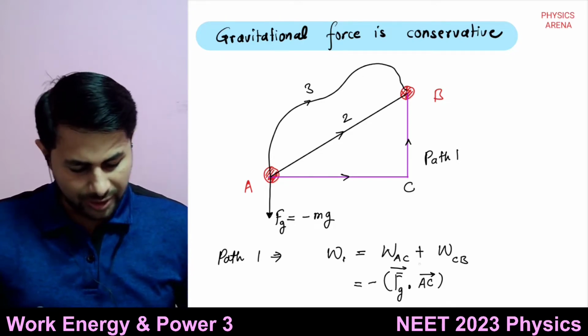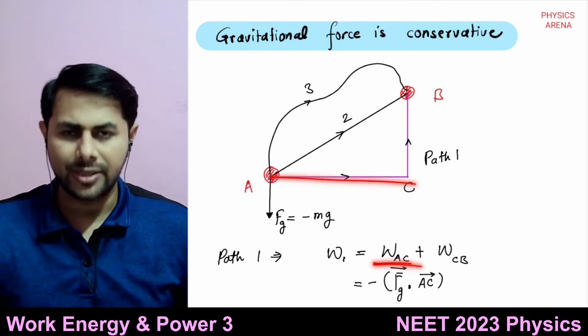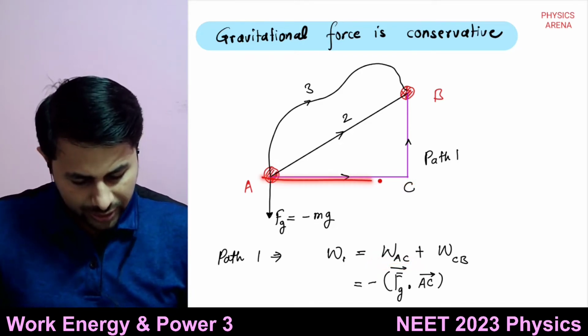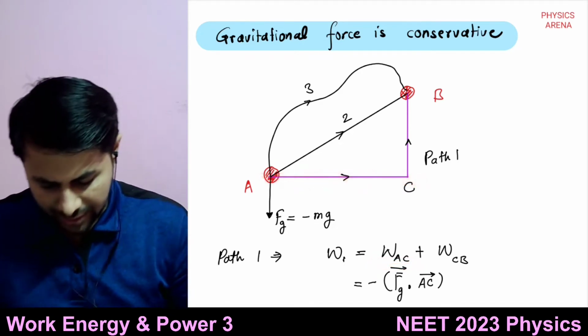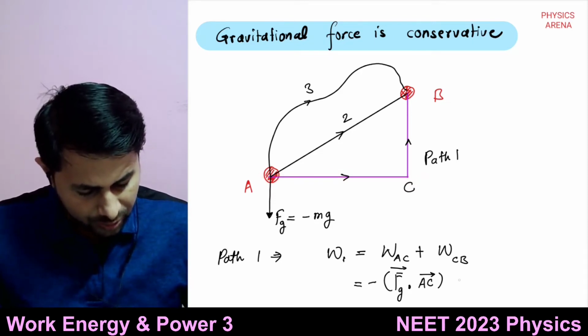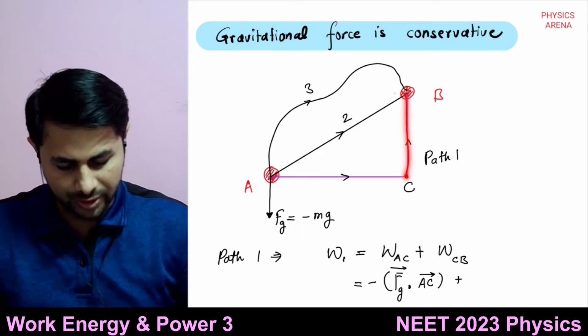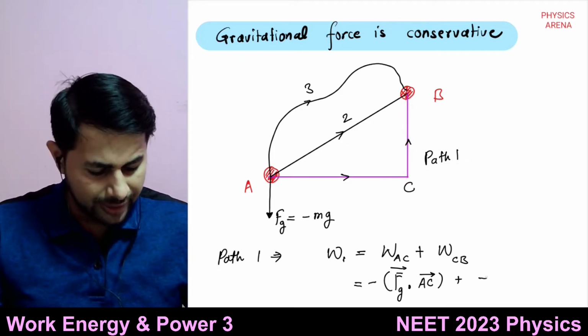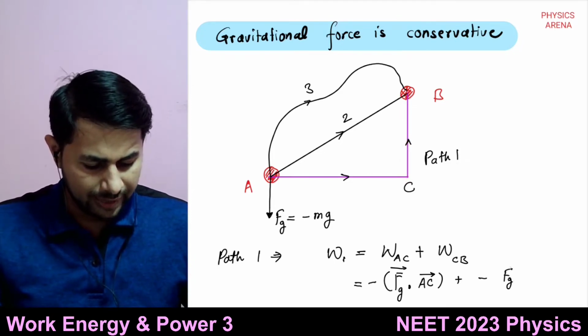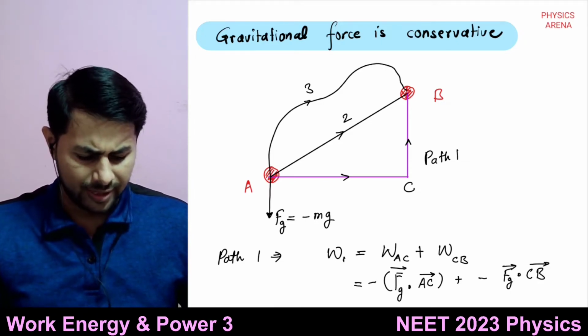So this is work done to move it from point A to the point C. Okay, so displacement is AC, and work done to move it from C to B, so from here to here, is equal to what? Minus of Fg dot CB bar.